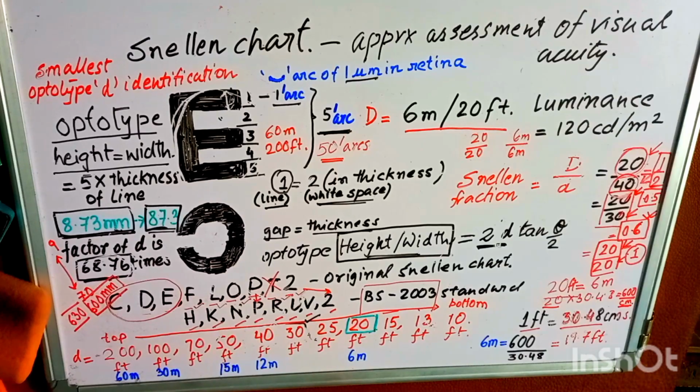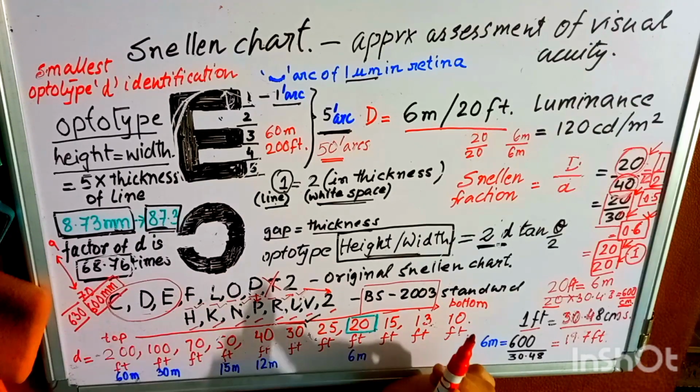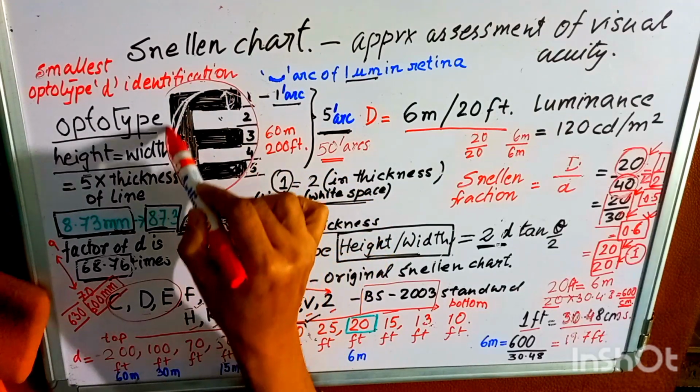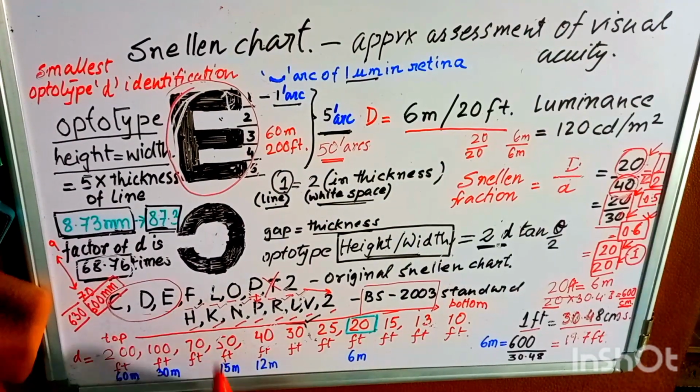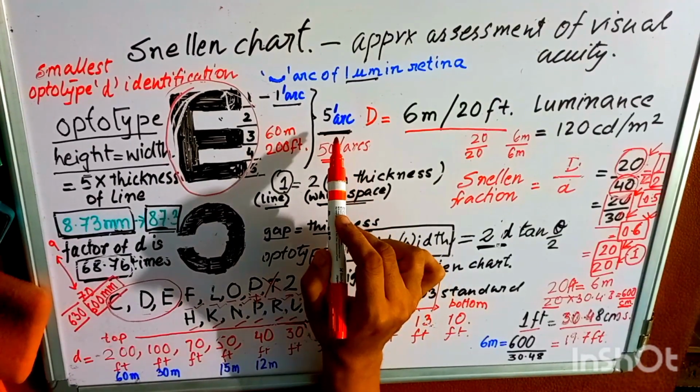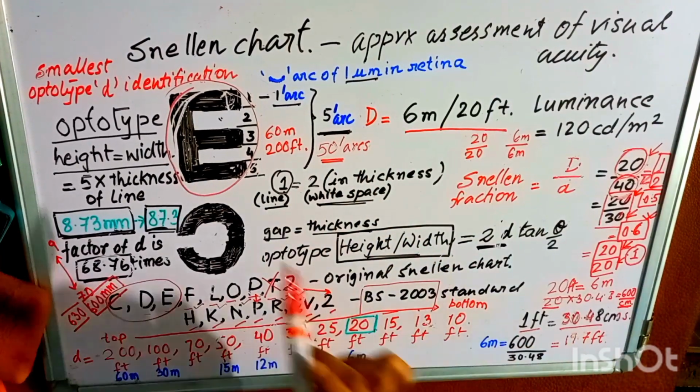But visual acuity is based on this: the optotype will have to subtend an angle of 5 radian arcs in the retina.